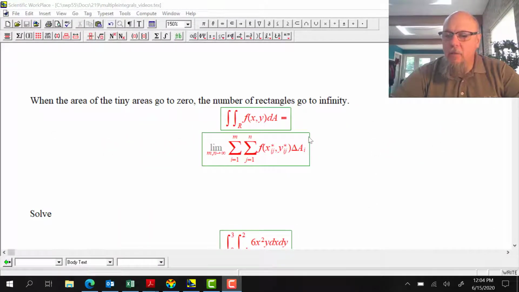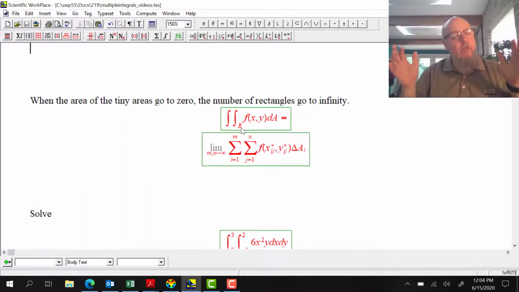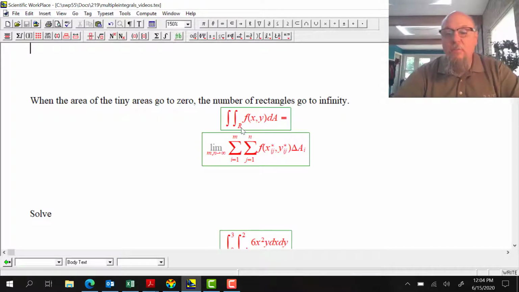So if I've got a double integral, it's over a region, and we split that region up into little rectangles, and as the number of rectangles goes to infinity, the area of those rectangles, the dA, goes to 0. And we saw that we can write the dA as a dx dy or a dy dx, and when we pick one, say we pick dy dx, then the y is first and we have to make the inner integral the y's.